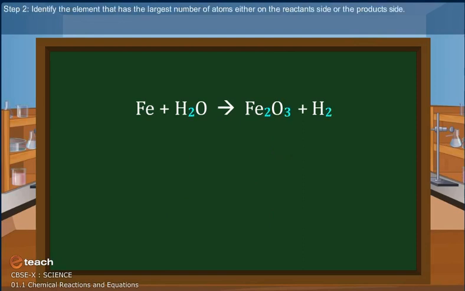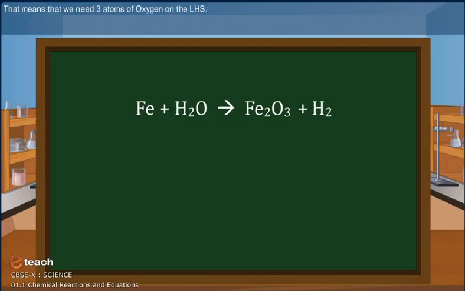Step 2. Identify the element that has the largest number of atoms either on the reactant side or the product side. Here we identify Fe2O3, of which oxygen has 3 atoms. Number of oxygen atoms on the left-hand side is 1 and number of oxygen atoms on the right-hand side is 3.